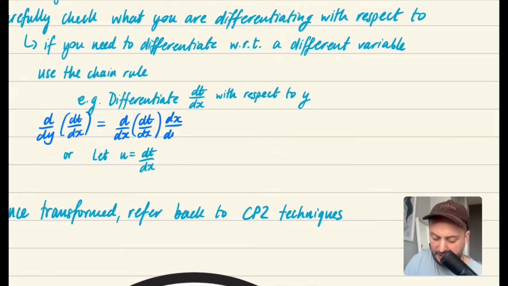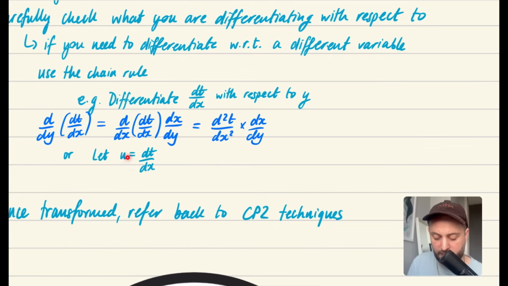I'm going to have to maintain that dy that was here, because if the dx cancelled, the dy would still be here, and these two statements are equivalent to each other. So now I can actually evaluate dt/dx differentiated with respect to x, which we know is going to be the second derivative, and it is still getting multiplied by dx/dy.